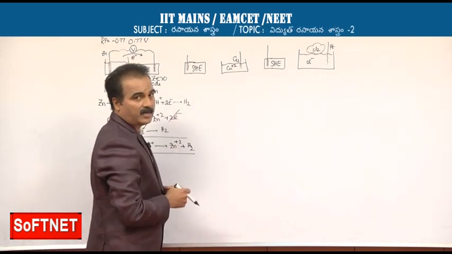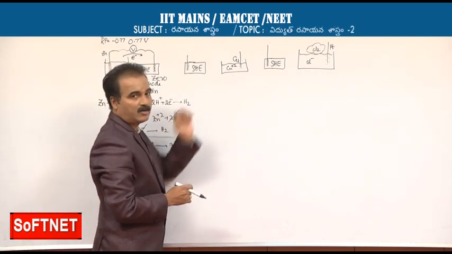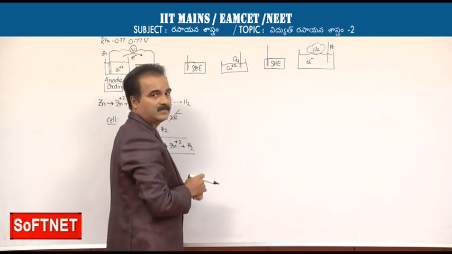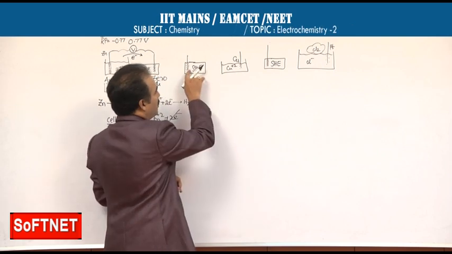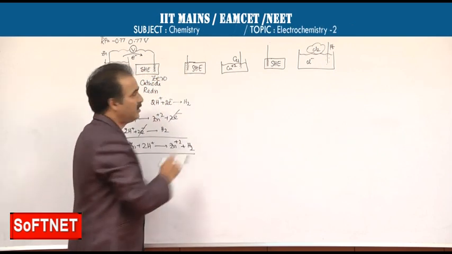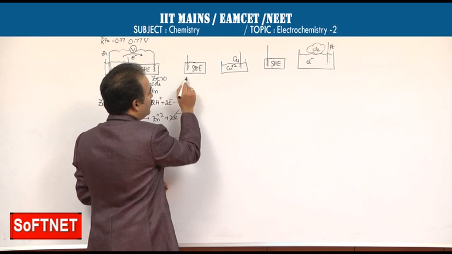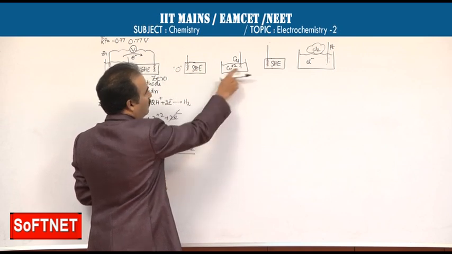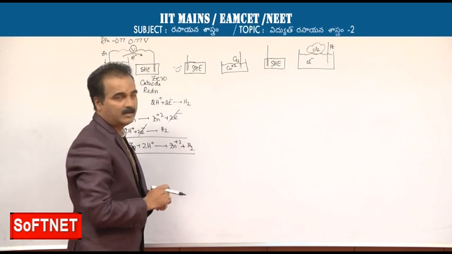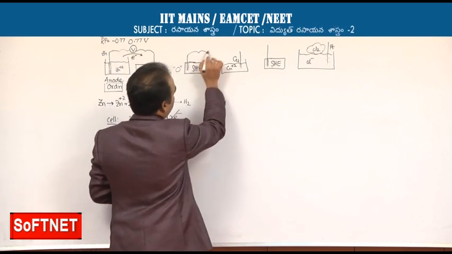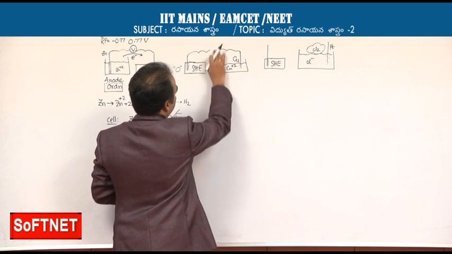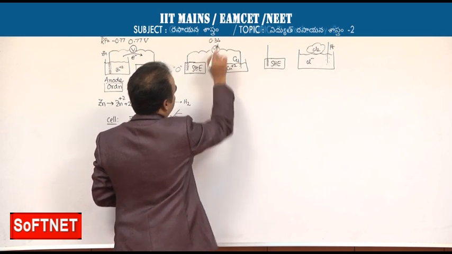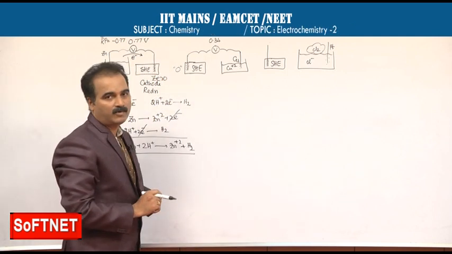Similarly, when you connect standard hydrogen electrode and copper electrode, here also some negative charge density is developed, and we have conventionally taken this as 0. We do not know how much is developed there. But when you connect standard hydrogen electrode and copper electrode through a potentiometer, the EMF of the cell is observed to be 0.34 volts.